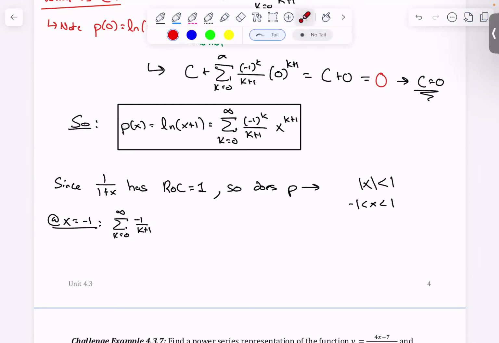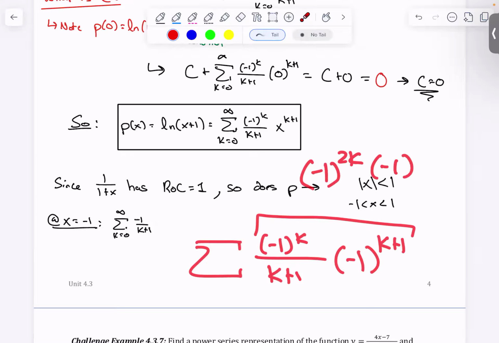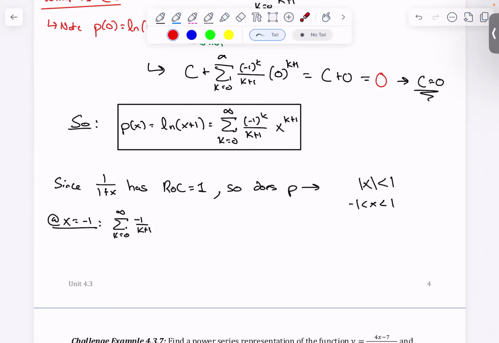Let me write that out just so you can see it in action. You're going to get this, but this right here combines to a -1 to the 2k times a -1, and this is just equal to 1. So you just get -1 over k plus 1, which is the harmonic series. So divergent by the p-test.